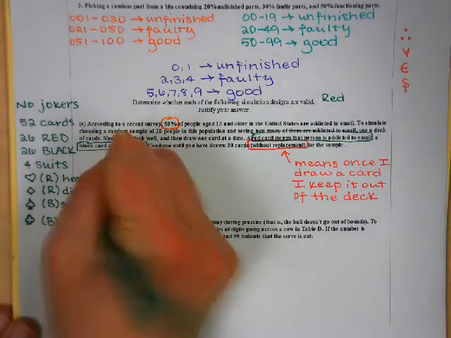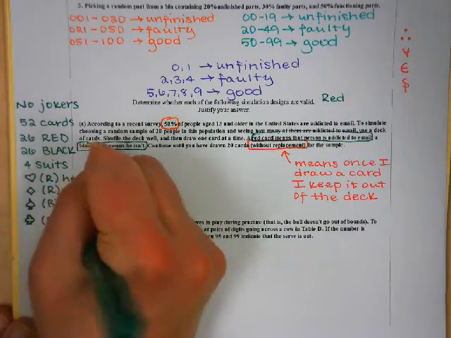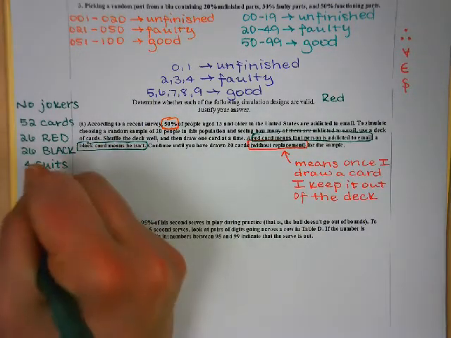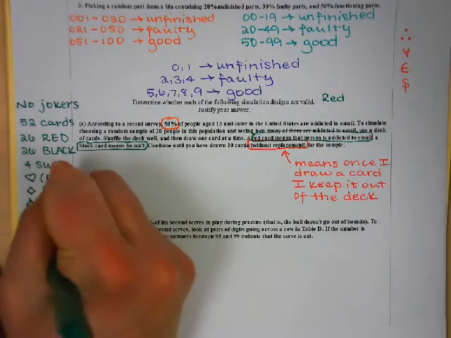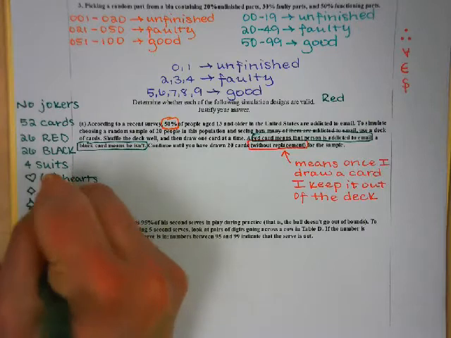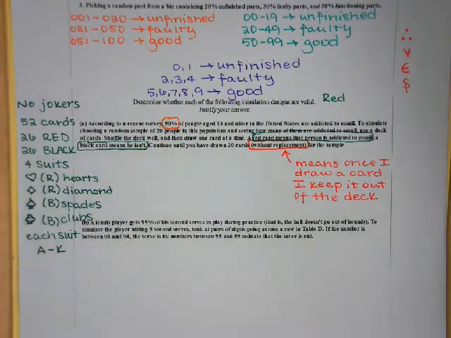Within each suit, you have ace through king. Ace being 1, and then you have 2, 3, 4, 5, 6, 7, 8, 9, 10, Jack, Queen, King.